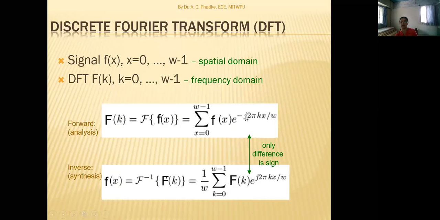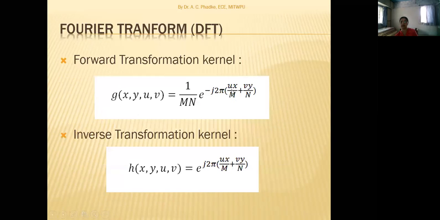Okay, so in one dimension we were having only one term, e raised to minus j 2 pi kx by w. Now, instead of one term, here we have two terms: e raised to minus j 2 pi ux by m, and another term corresponding to y, which is vy by n.